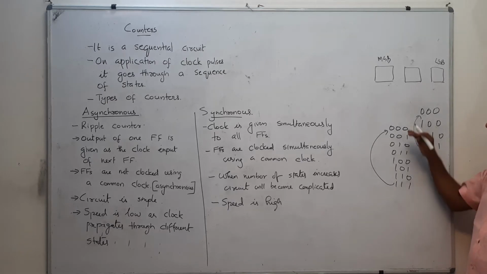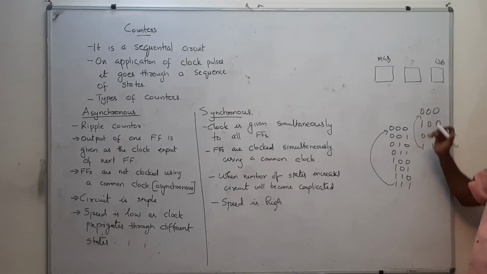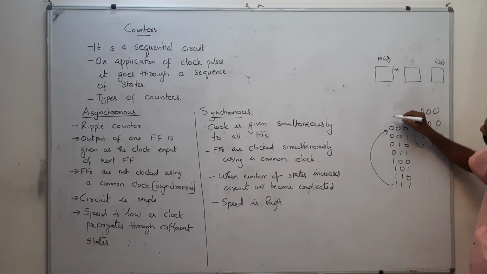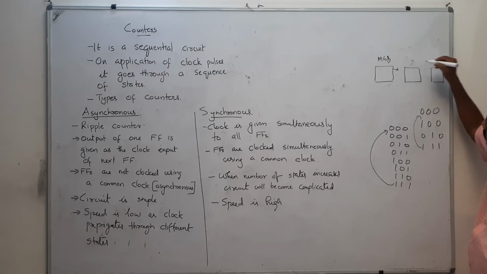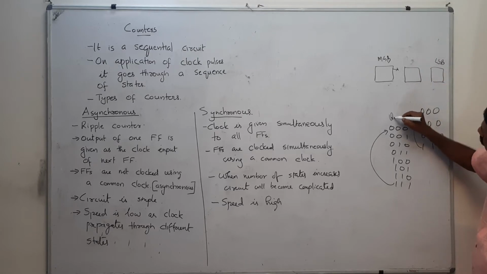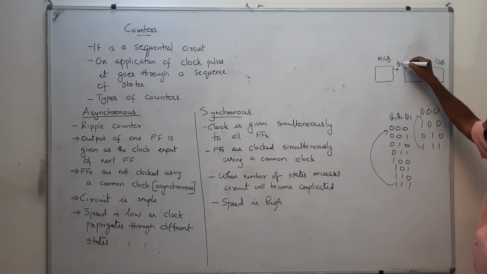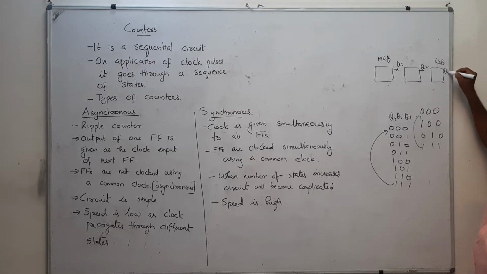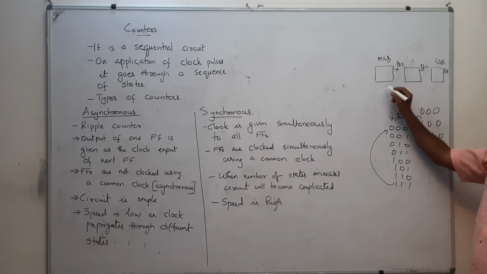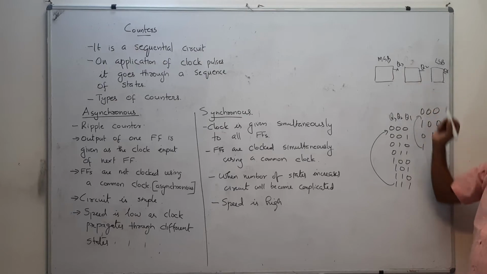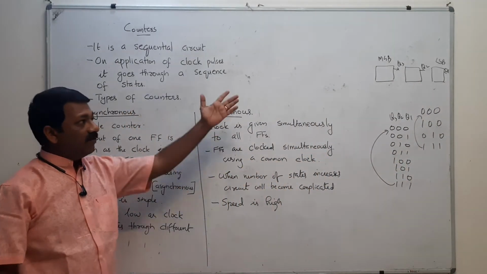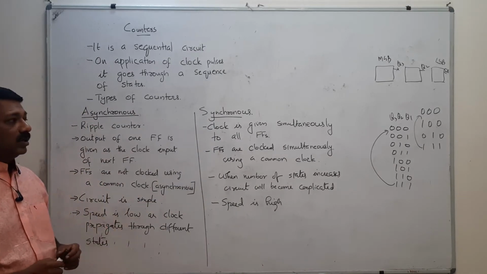Suppose that the outputs are Q3, Q2, and Q1, and you have clocks, and according to that when you are designing a counter you should be aware of what is a counter.